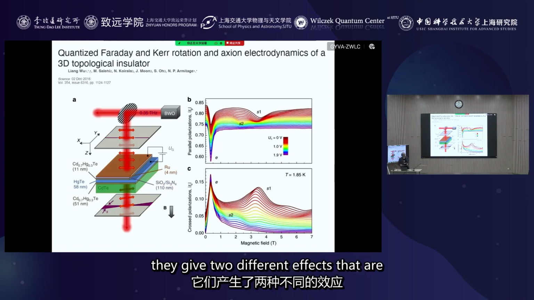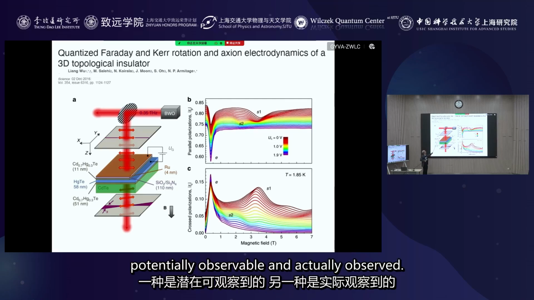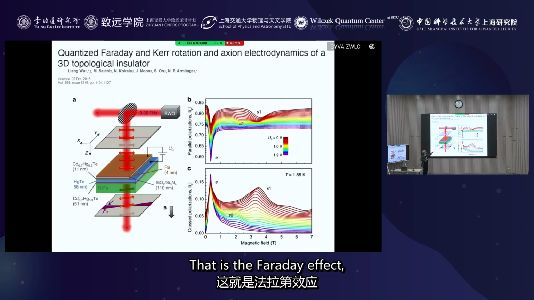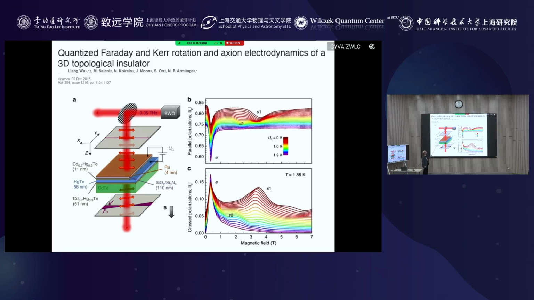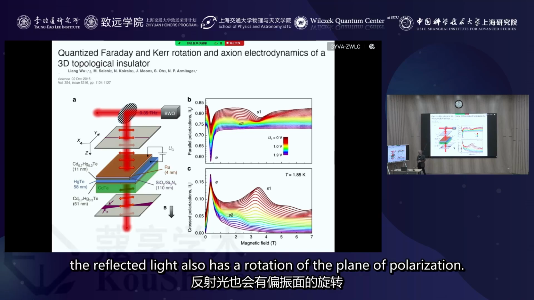In fact, they give two different effects that are potentially observable and actually observed. That is the Faraday effect, which is when you propagate polarized light through, the plane of polarization rotates. And the Kerr effect, this is not the Kerr of black holes, this is Kerr, an experimentalist, that if you bounce light off, the reflected light also has a rotation of the plane of polarization.